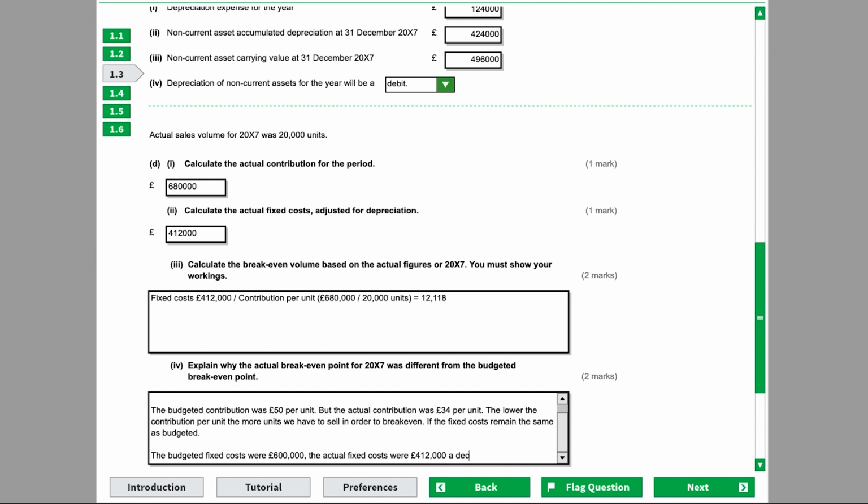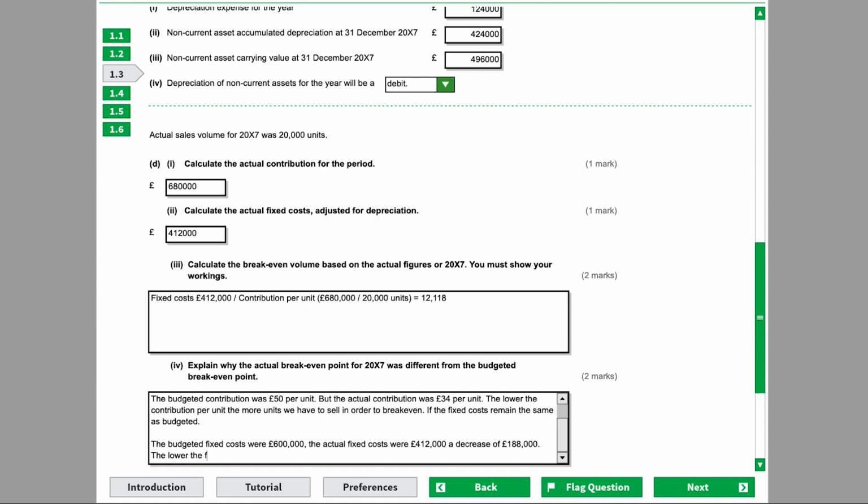A decrease of £188,000. The lower the fixed costs, the lower the number of units we need to produce and sell in order to break even. And that explains the difference between our actual break-even point and our budgeted break-even point.